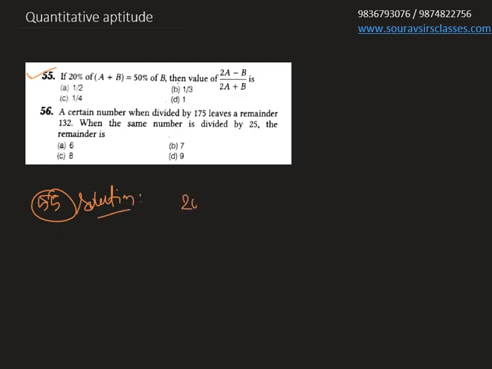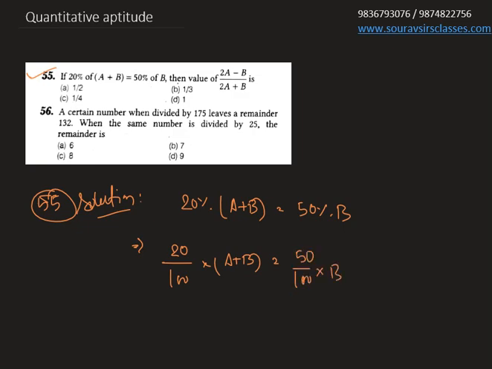We are given that 20% of a plus b is equal to 50% of b, or we can write 20 divided by 100 into a plus b is equal to 50 divided by 100 into b, or we can write a plus b divided by 5 is equal to b by 2.